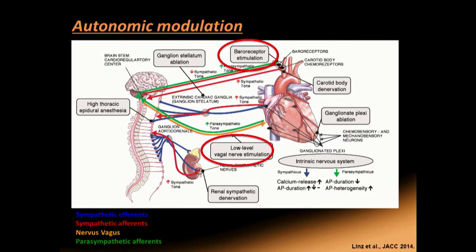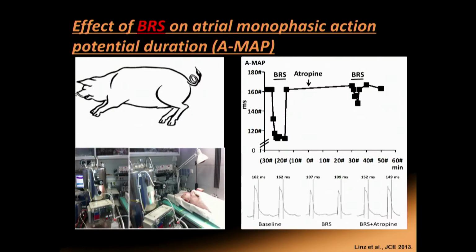They are all also associated with a withdrawal of parasympathetic activation, and there are two strategies, baroreceptor stimulation or vagal nerve stimulation, and those two strategies have already found their way into cardiology, for example, to treat heart failure or drug-resistant hypertension. The thing is, of course, that they target the problem completely differently, and we investigated in sedated animals in how far, for example, baroreceptor stimulation has an impact on atrial refractoriness.